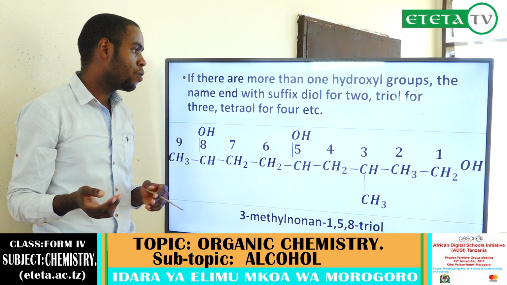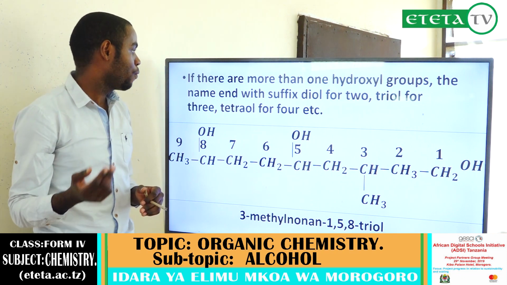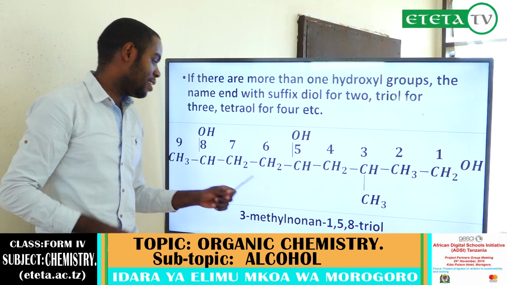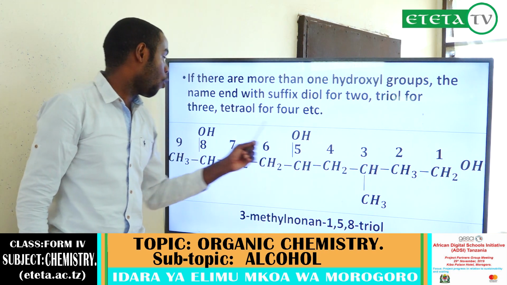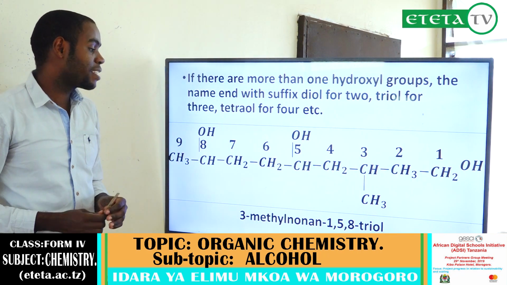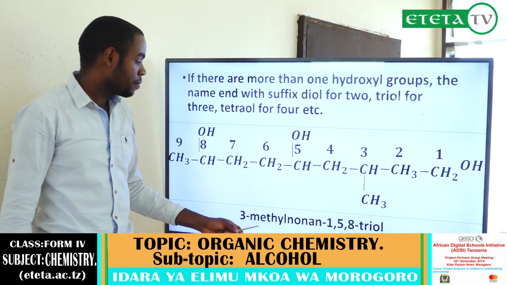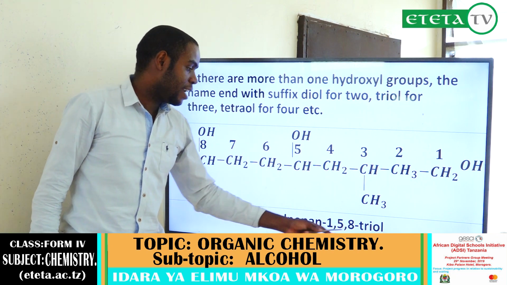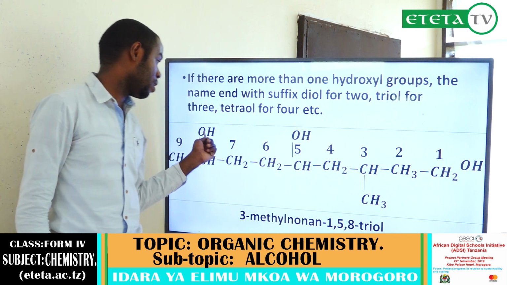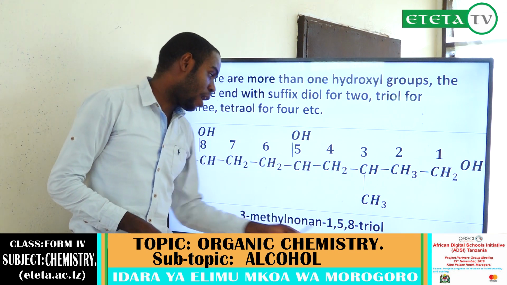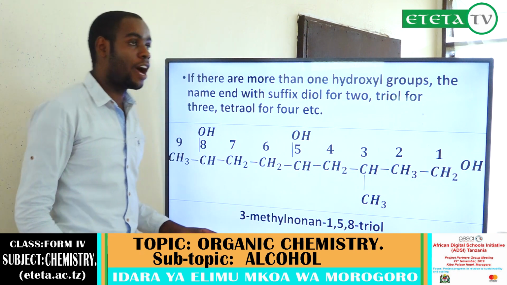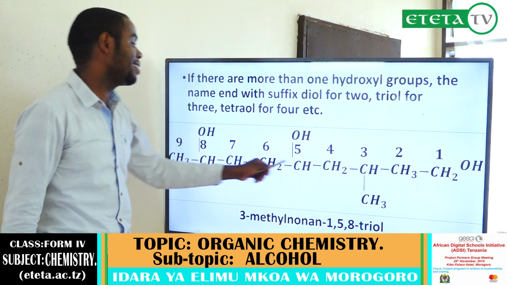If there are 2, you name diol. If 4, you name tetraol, etc. The locators for all hydroxyl groups must be included between the non and the ol, in the name: 1,5,8-triol. This is the IUPAC name for this compound.